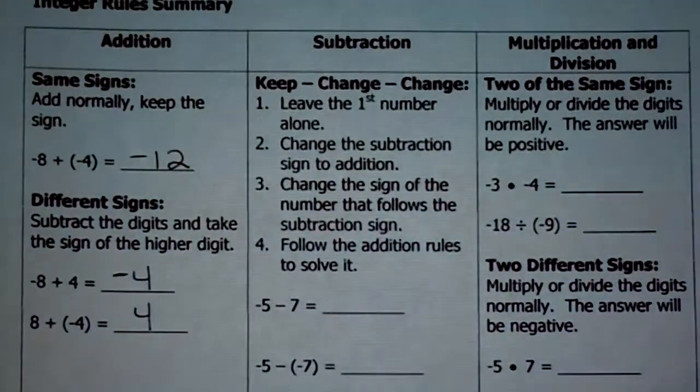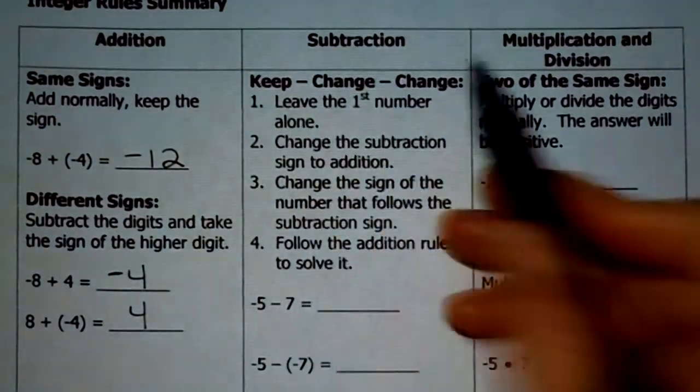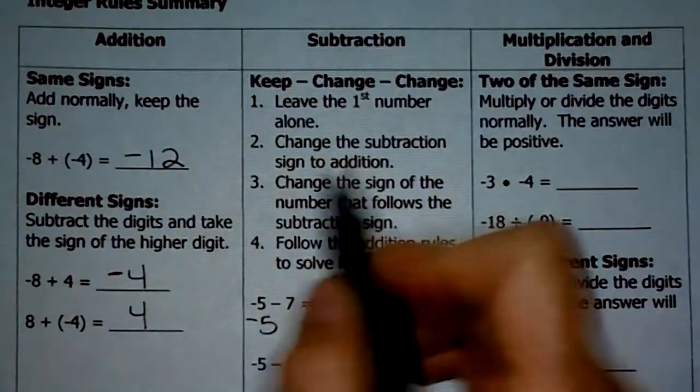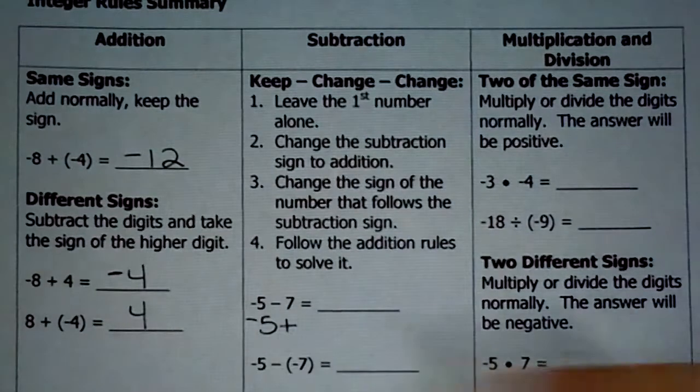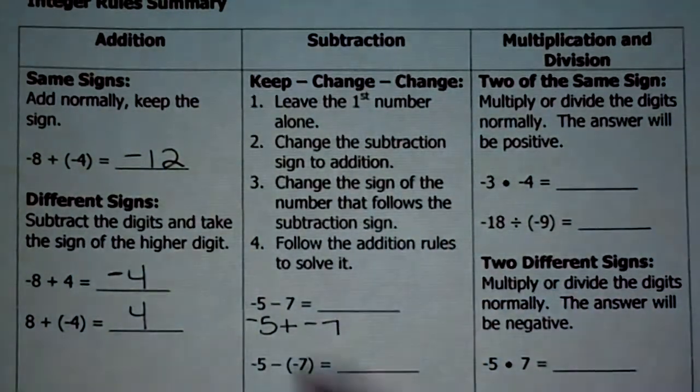All right, subtraction. You learn that you can change every single subtraction problem to addition and use those rules by doing keep, change, change. So step 1 says leave the first number alone. Step 2, change subtraction to addition. Step 3, change the sign of the number that follows. And step 4, use your addition rules. So -5 minus 7 is really -5 plus -7.